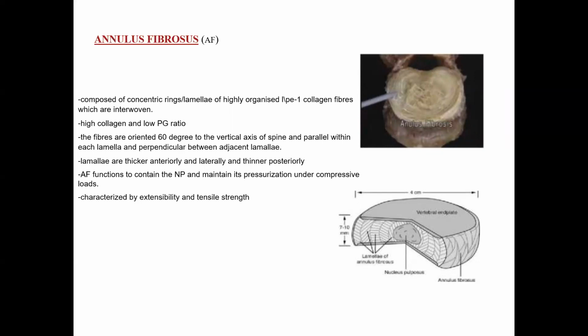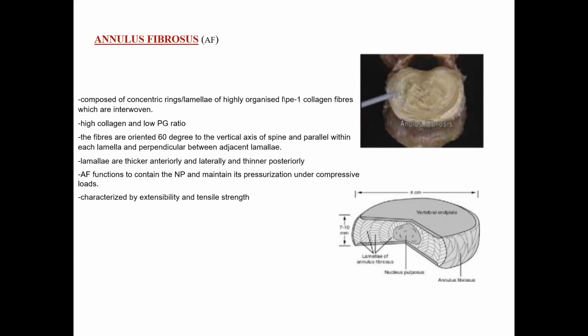High collagen and low PG ratio. The fibers are oriented 60 degrees to the vertical axis of the spine, parallel within each lamella and perpendicular between adjacent lamellae.